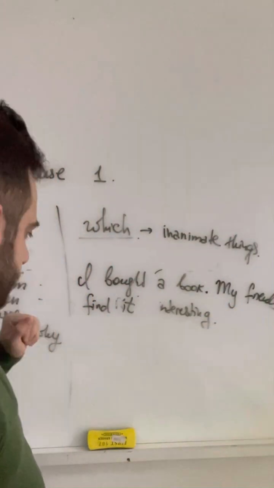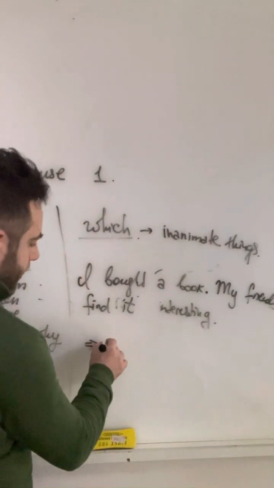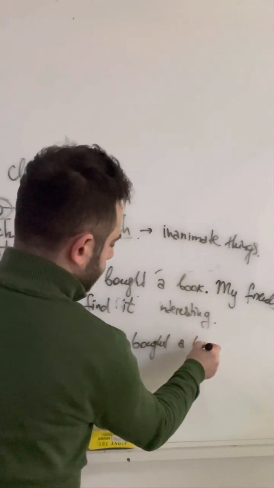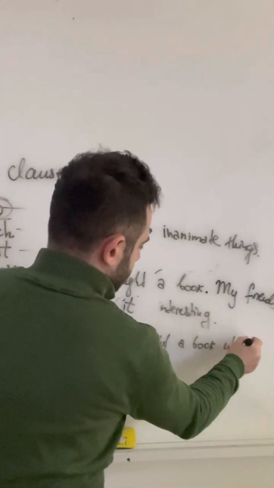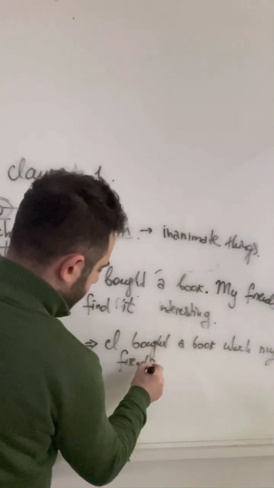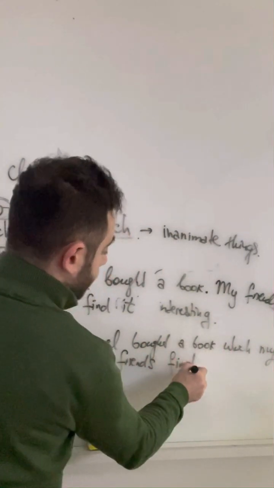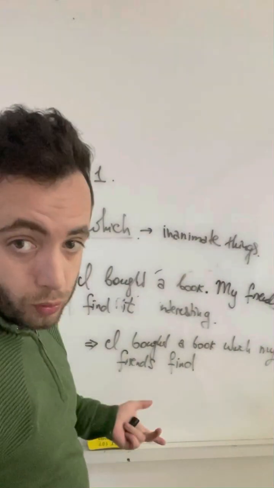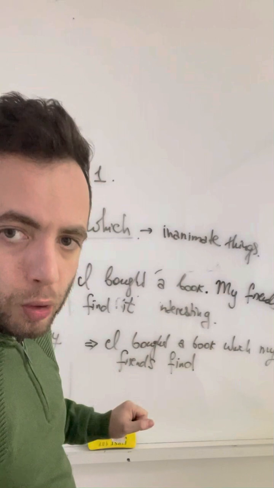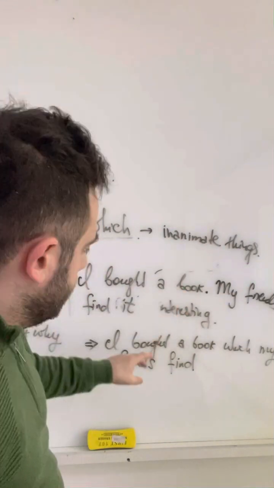So when we combine them, we can say I bought a book which my friends find, but this time, of course, we are meant to remove it from the sentence because it is book.